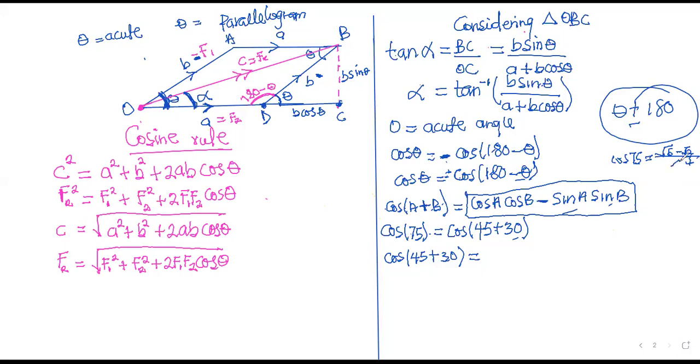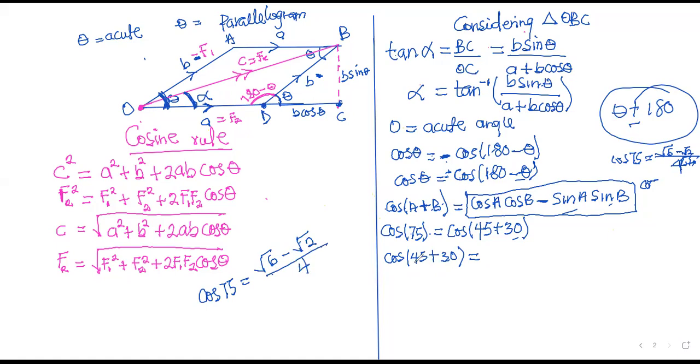Yes. So when you are calling it, you have to call it well. So cos 75, let me write it here. It's equal to root 6 minus root 2 all over 4.